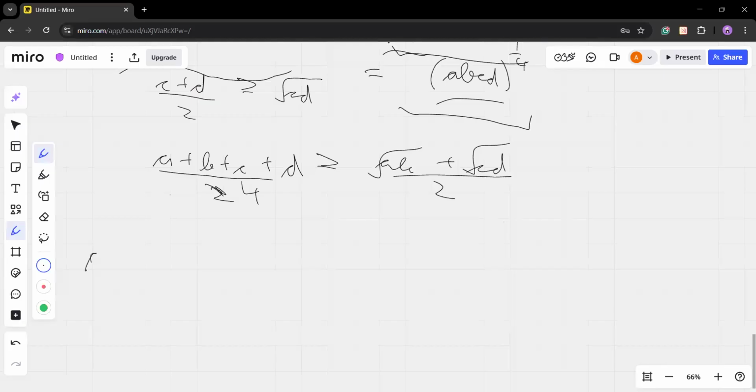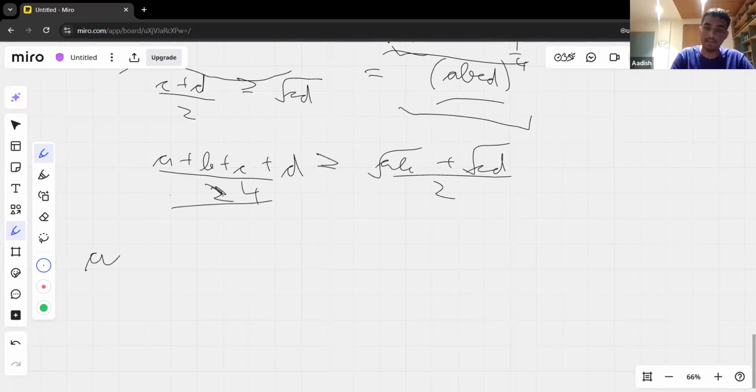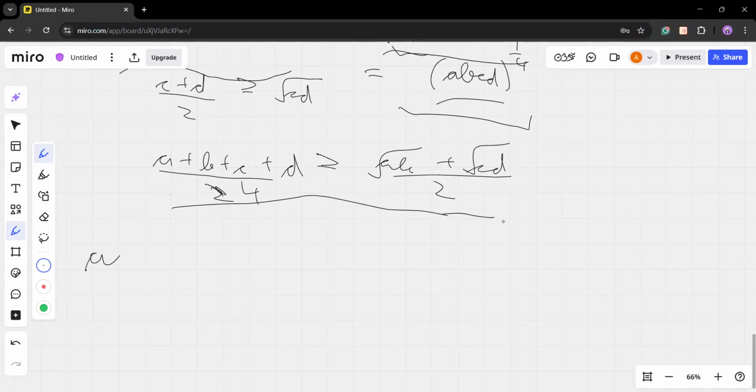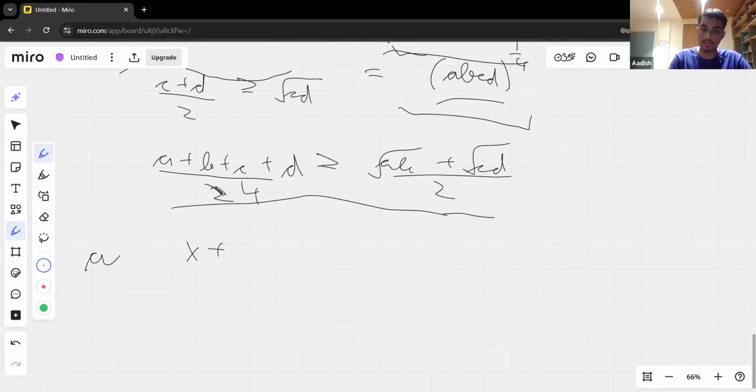Okay, so this part is clear, right? (a + b + c + d)/4. Now we apply AM-GM again. AM-GM states that for any 2 positive numbers, we have this. And we apply AM-GM for x equal to root ab and y equal to root cd.